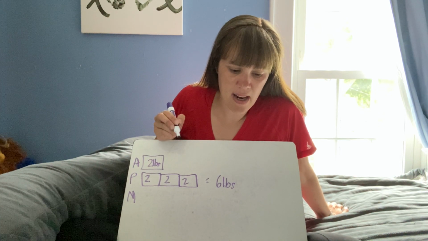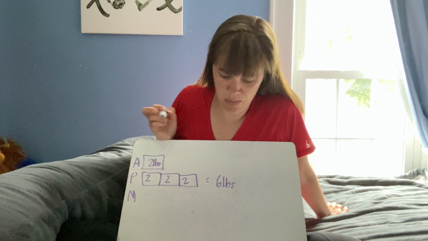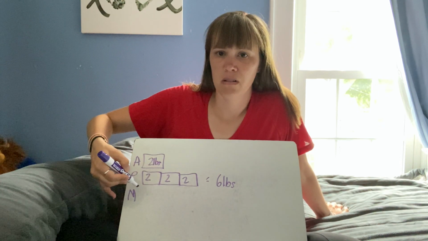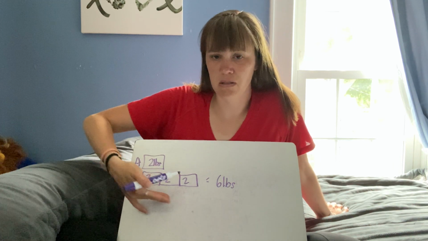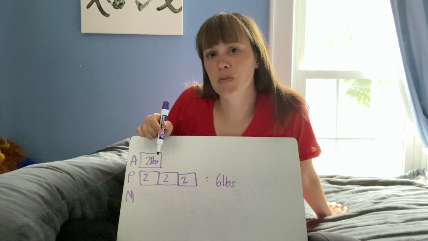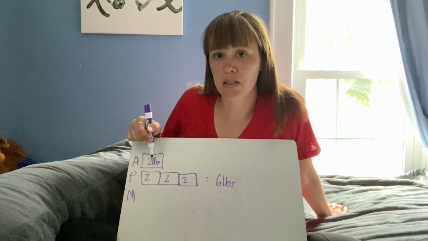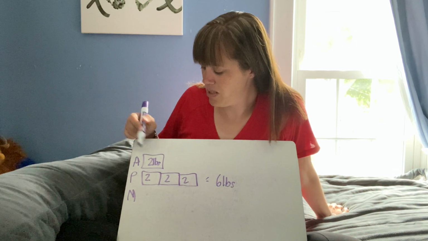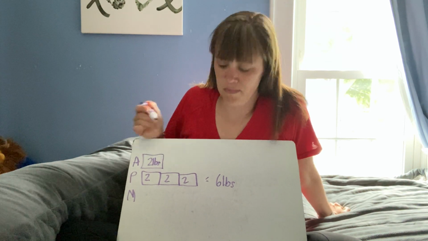They were 10 ounces lighter than the total weight of the potatoes. So we don't actually know how to necessarily draw this. So this is one of those ones where I like to convert at the end. This one we need to convert during. We need to change these pounds to ounces.